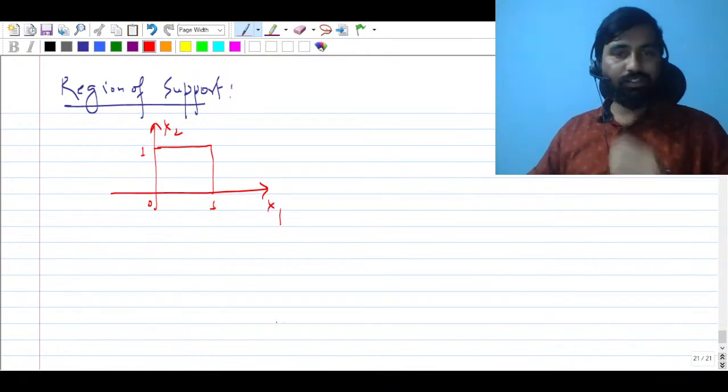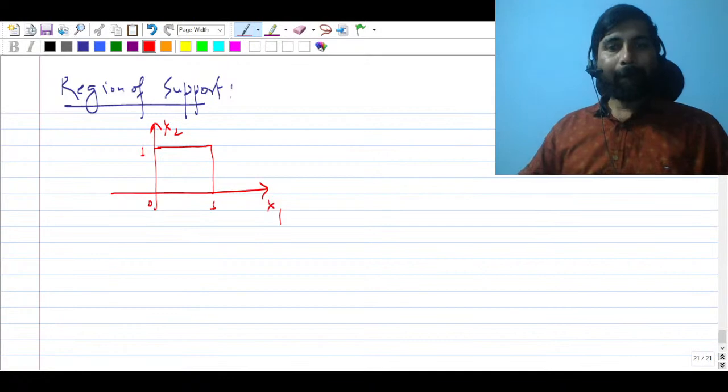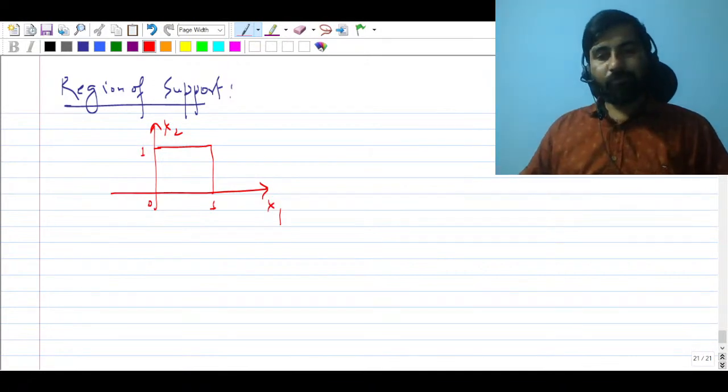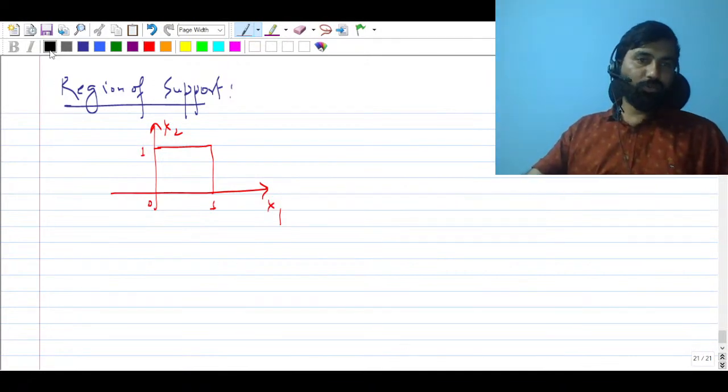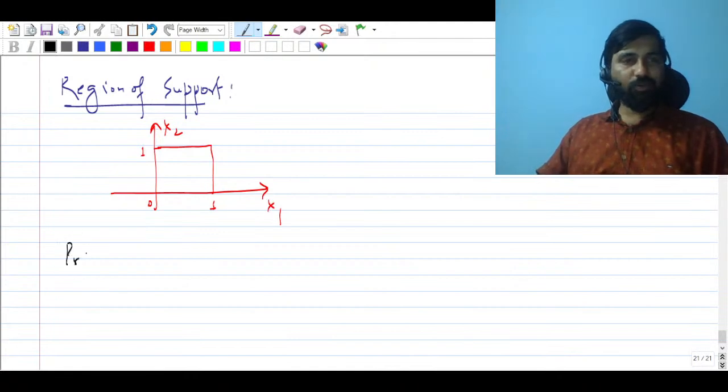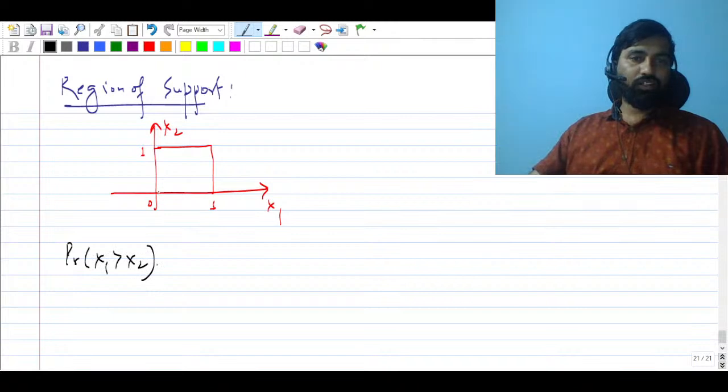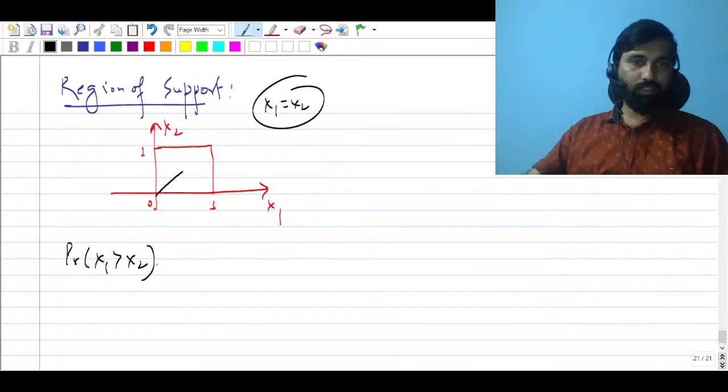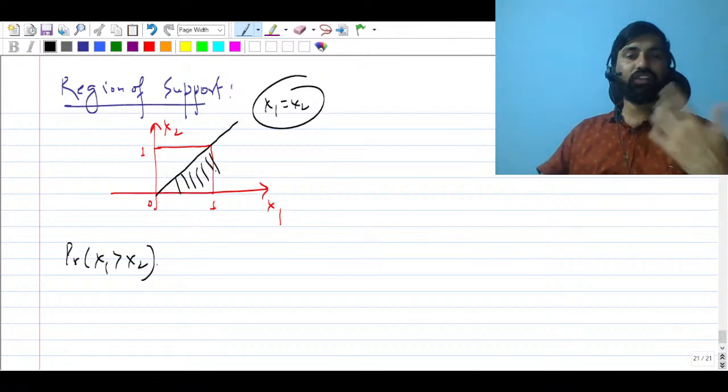So you can plot the region of support. What they are asking is the probability of x1 greater than x2. The x1 equal to x2 line is going to be this, so this is the region where x1 is greater than x2.